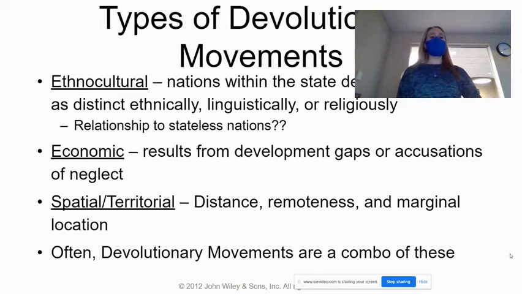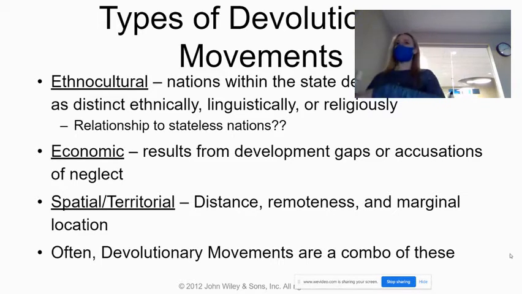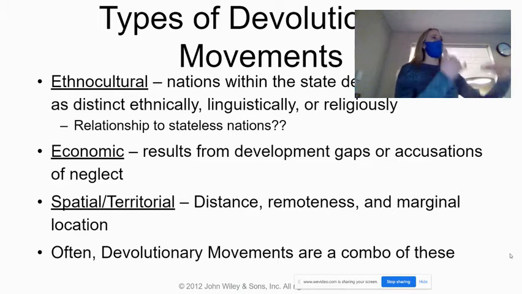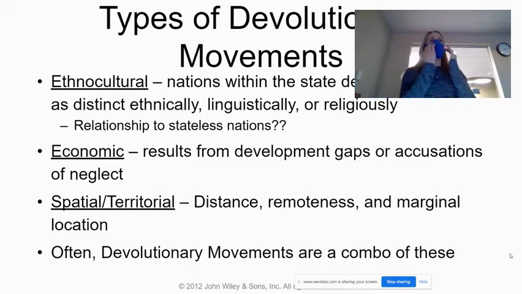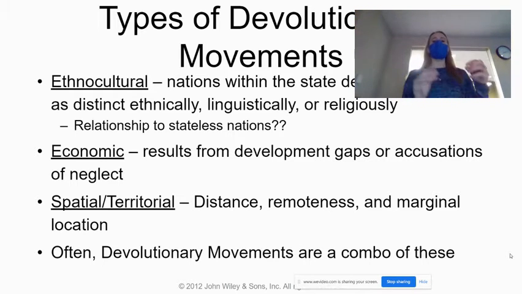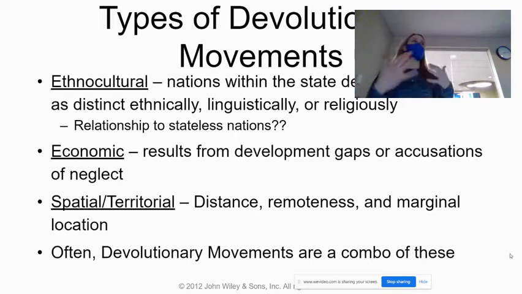So the first one is ethnocultural. Remember in the beginning of this unit, we spent a lot of time talking about different national groups or different types of states, whether they're multinational states, multi-state nations, or stateless nations. Oftentimes, there are nations within a state that define themselves as distinct, whether ethnically, linguistically, or religiously, and oftentimes all of these.